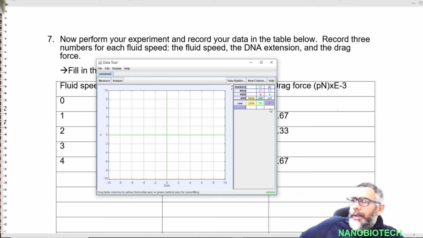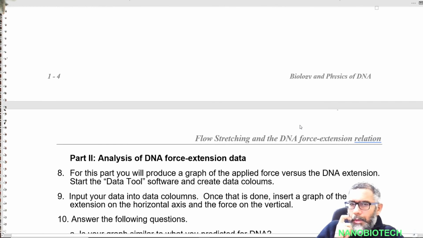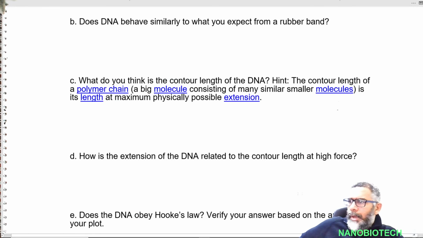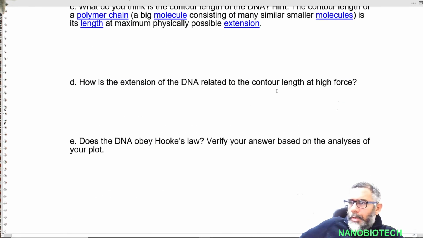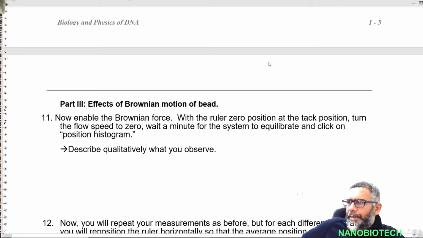You will have 3 columns, and you will enter the data values that you measure in these columns, and you will be asked to draw some plots. Okay, so it's in the report. You will be asked to draw some plots, and there are questions regarding how to analyze these plots, etc. And you will finish the first part by working on this data collection and analyzing the plot.